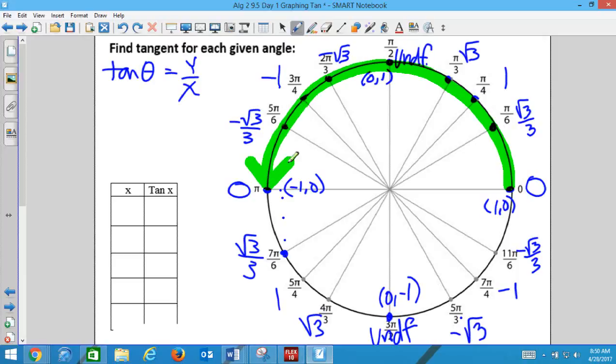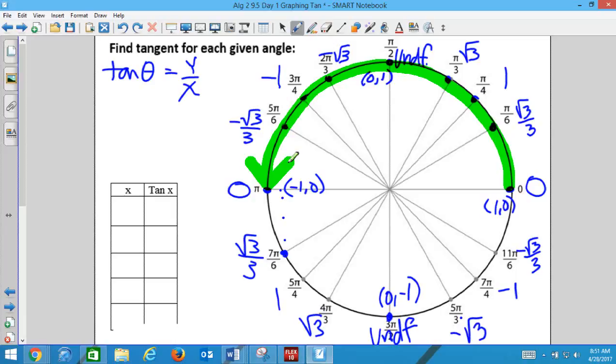If you look at these values, square root of 3, 1, square root of 3, undefined, negative square root of 3, negative 1, negative square root 3 over 3, 0. Then from there, they completely repeat exactly in the same order that they did the first time. These repeat again in that order. Do you see they're exactly the same order at the bottom?